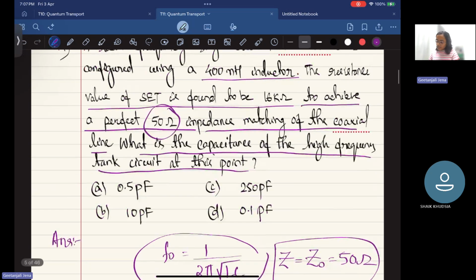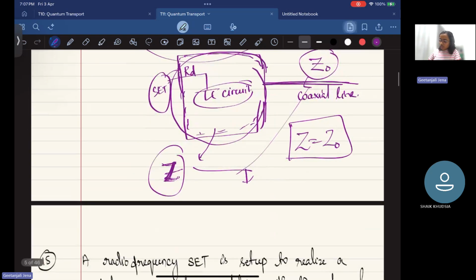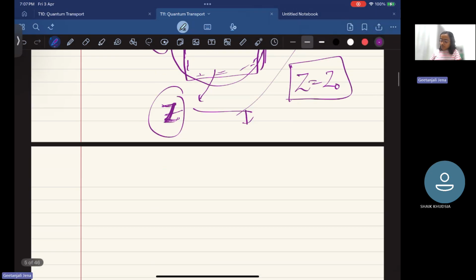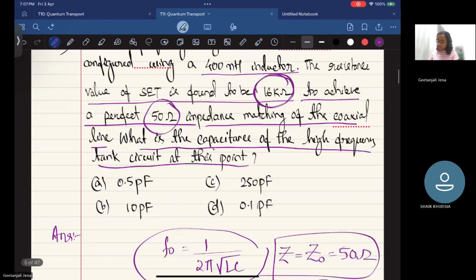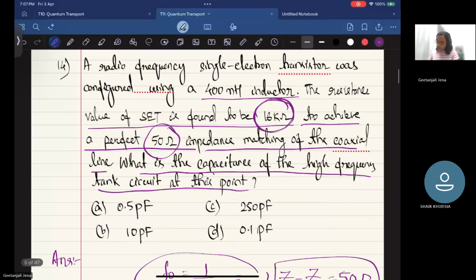Next, we are given that this impedance matching occurs at a variable resistance of SCT of 16 kilo ohm. So RD is 16 kilo ohm, kilo ohm, not ohm.